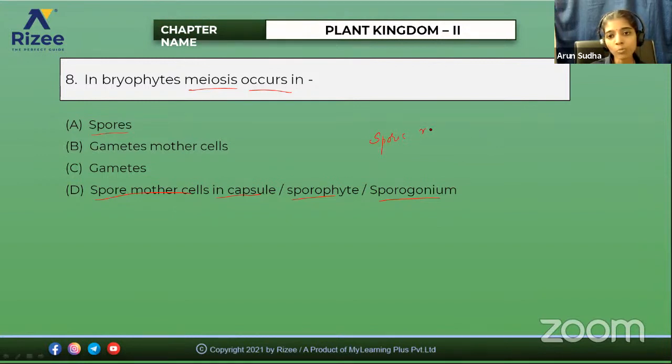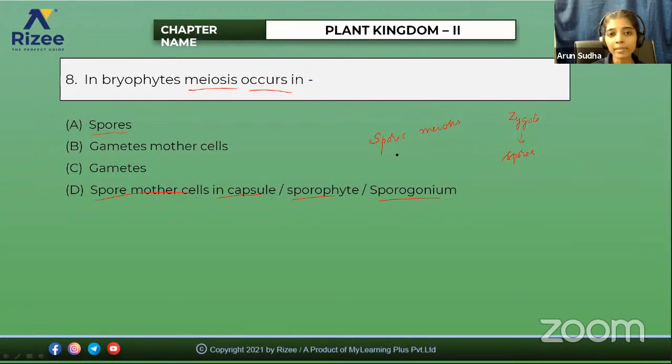So what do we mean by sporic meiosis? Normally in some algae, the zygote directly forms spores, immediately.